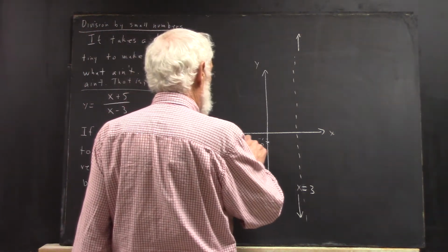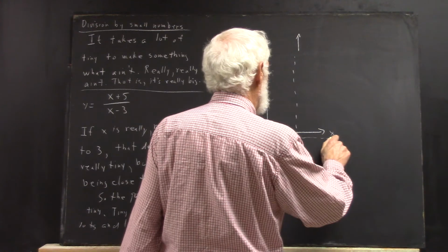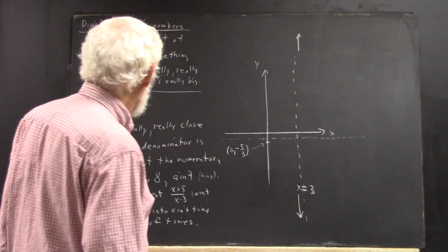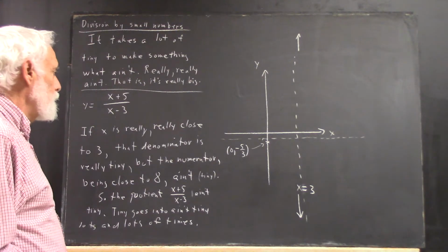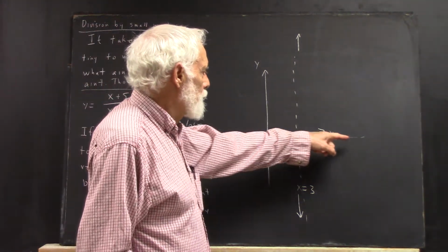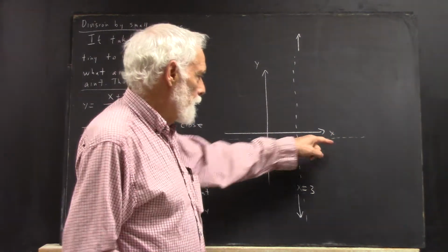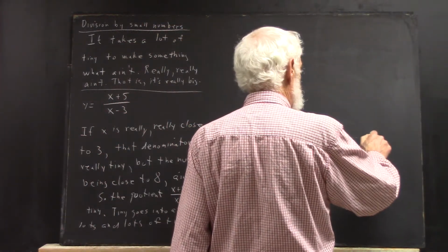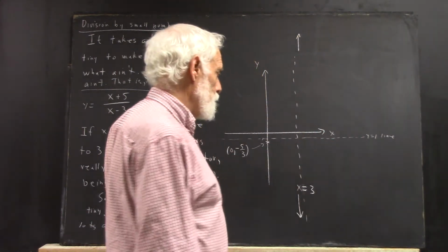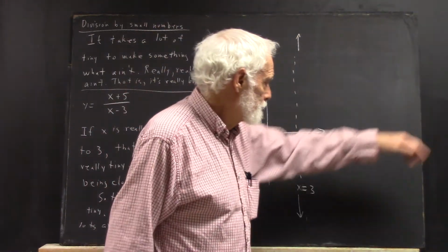So the y value of the graph is going to be close to the line where y equals 1 when x is big. And the graph has to get close to this line.